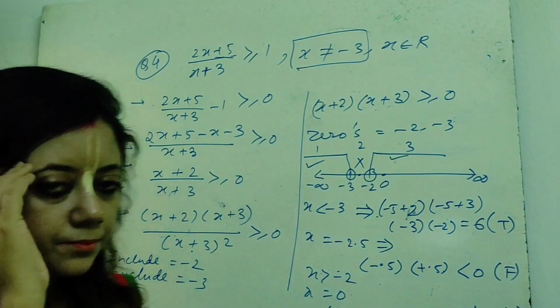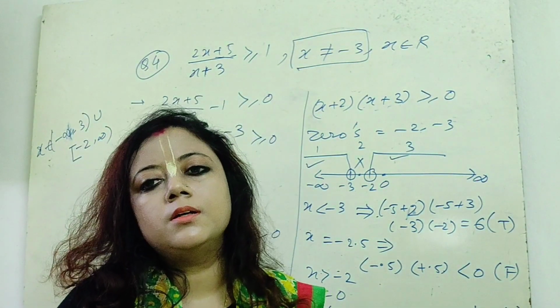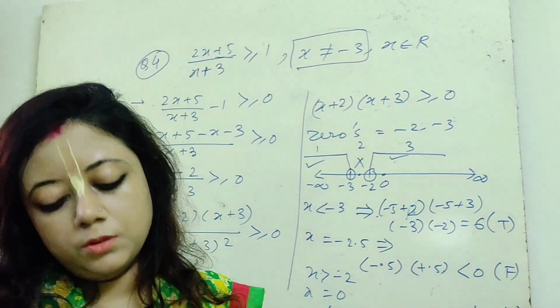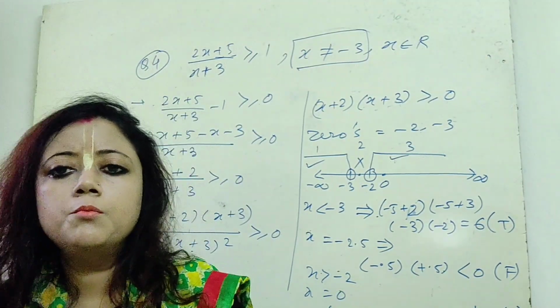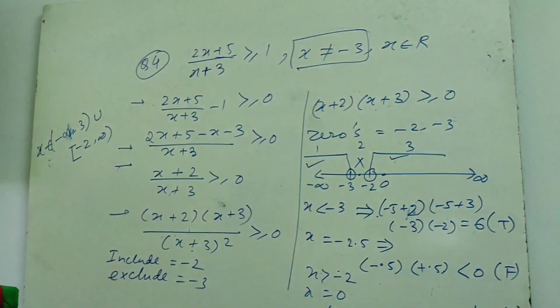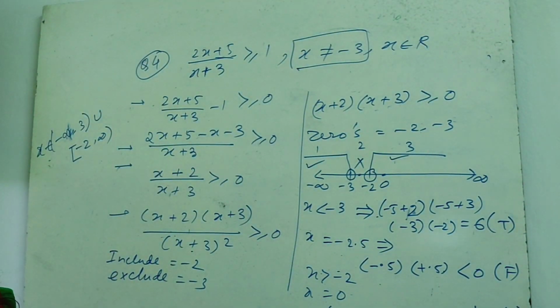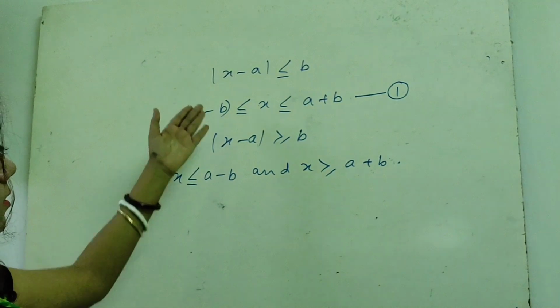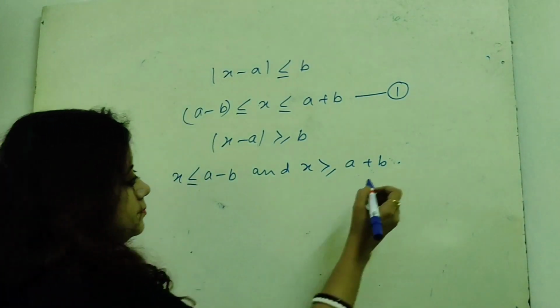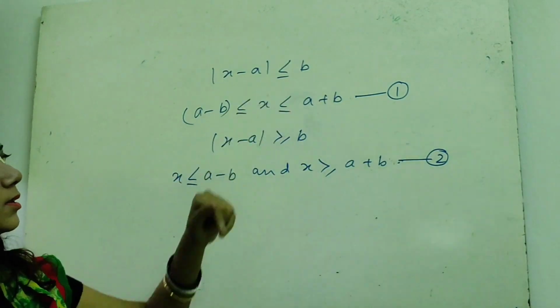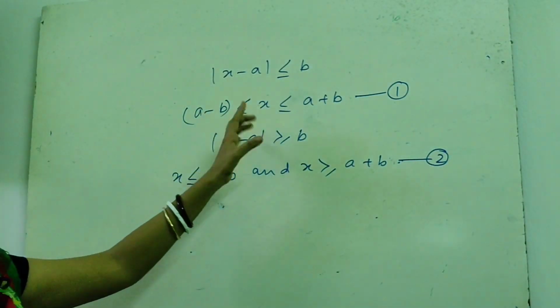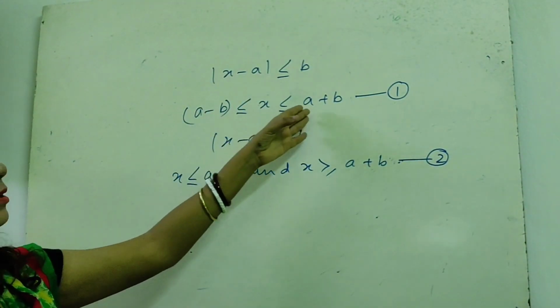So these are all the types of inequality problems I have shown you. Another type is left, that is modulus expressions. So let's go to it. These are the two formulas we must remember. If a modulus expression is less than or equal to a constant b, then it will be bounded between a minus b and a plus b.